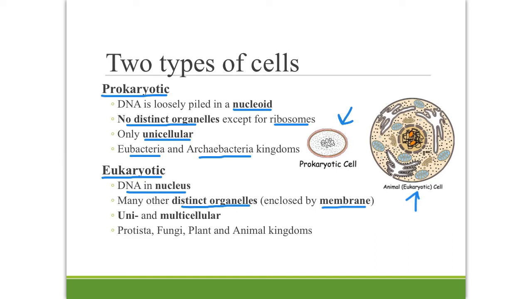Eukaryotic cells make up unicellular and multicellular organisms, so most of the things that you know of as a living thing are made up of eukaryotic cells, or will be a eukaryote. That includes fungus and plants and animals and the little single-cell organisms that live in pond water like amoeba or paramecium.